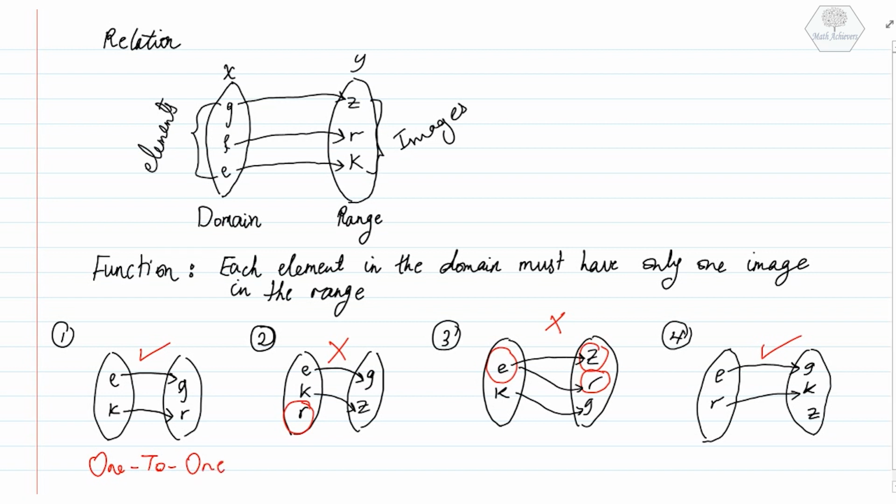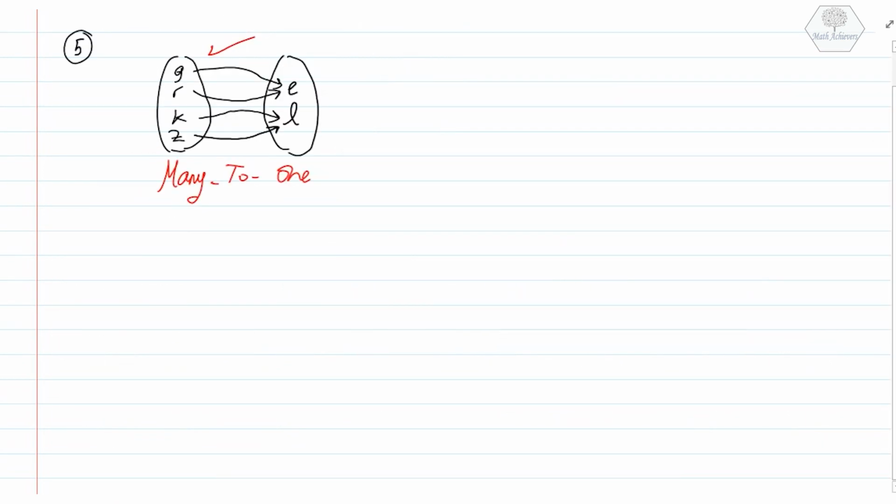This one also is a one-to-one function. So now, after knowing this, if a relation is a function, then it's either a one-to-one or many-to-one function.